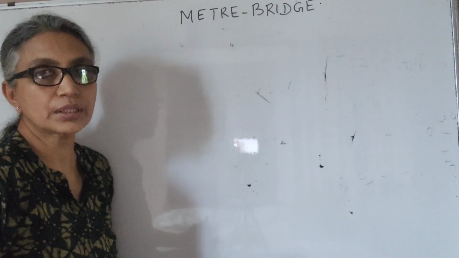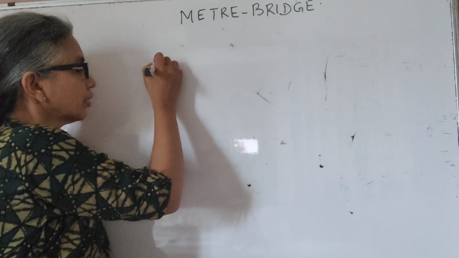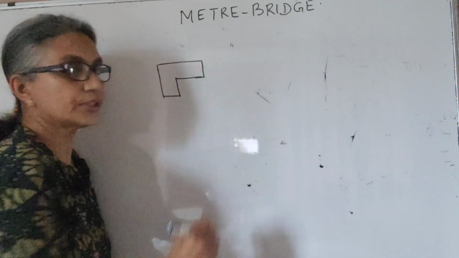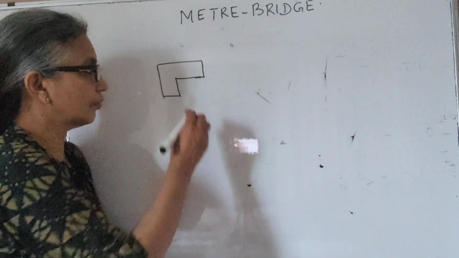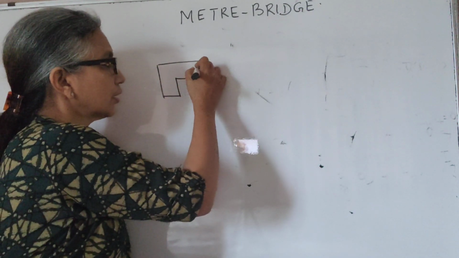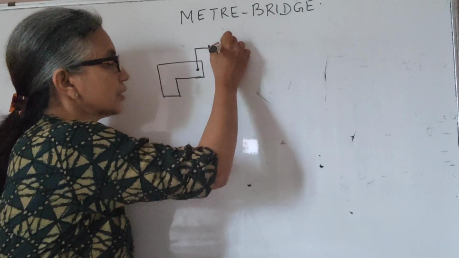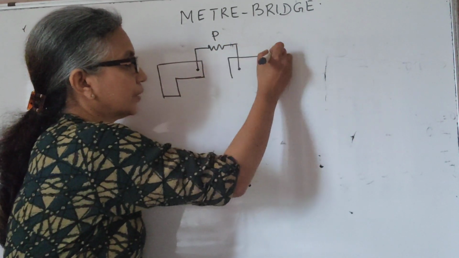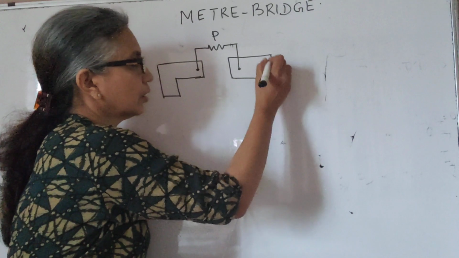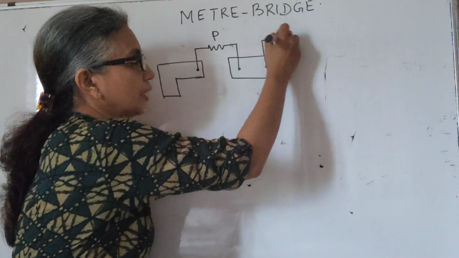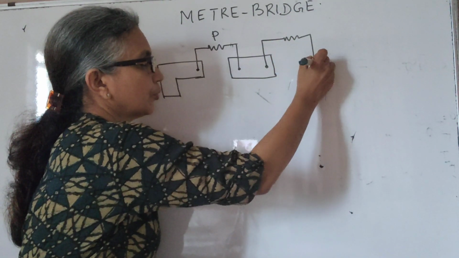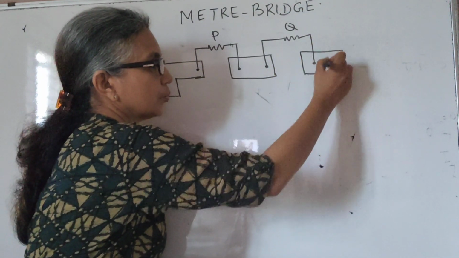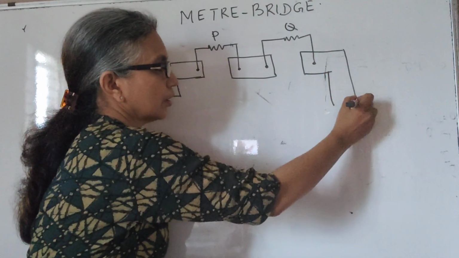Now in your meter bridge, this is a thick copper strip which is used as the connection for resistors. Then here you have the resistor P. We have another thick copper strip here which will connect P to your next resistance, that is Q. Then we again have connection wires which are thick copper strips.